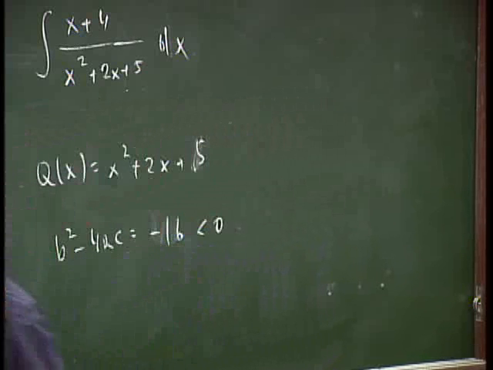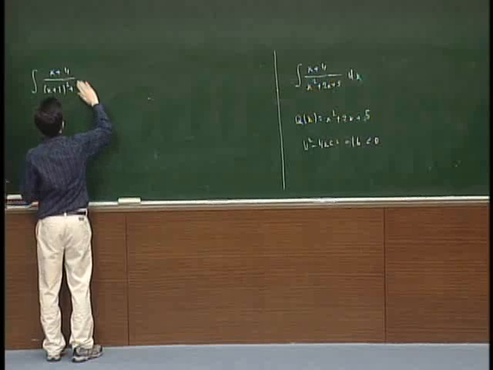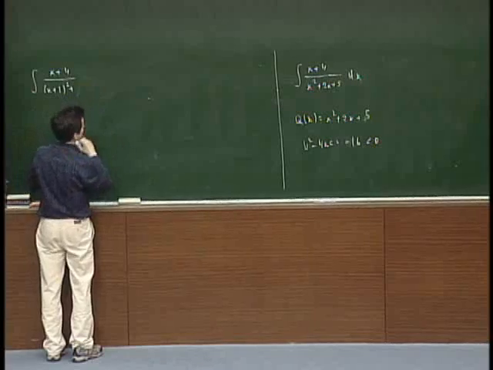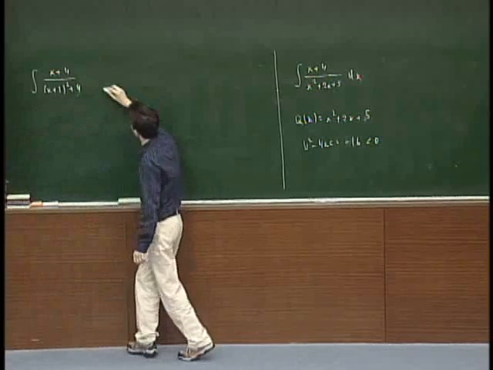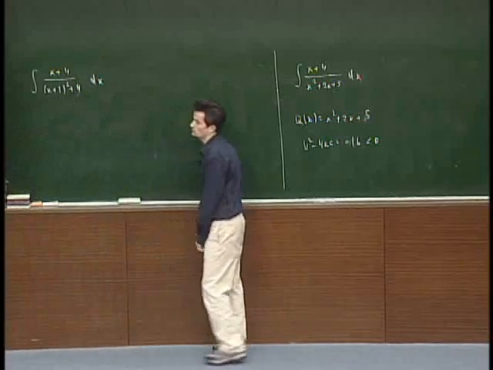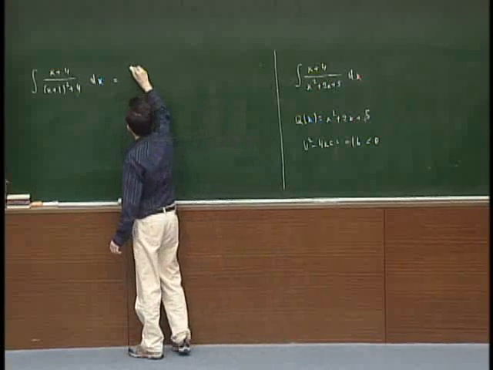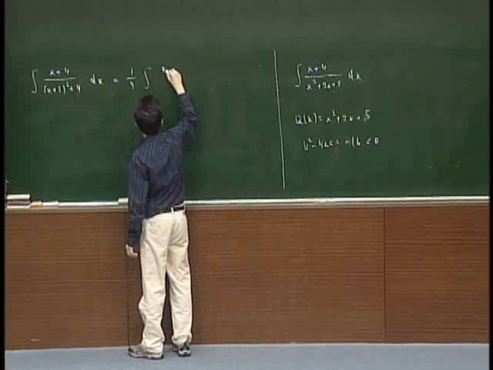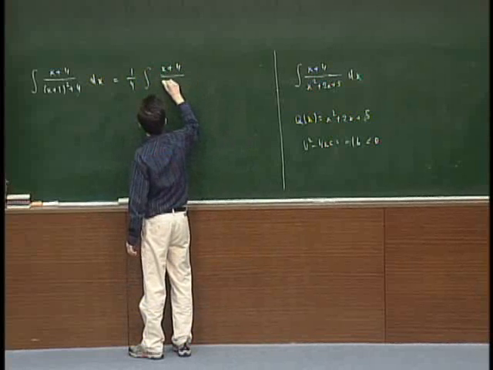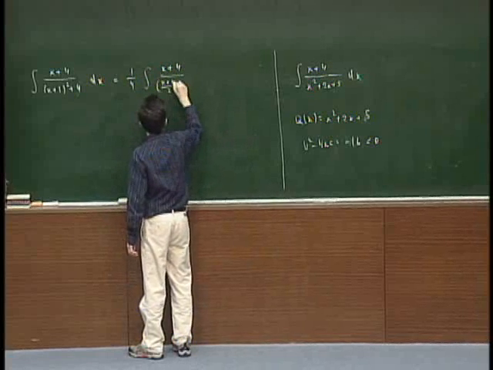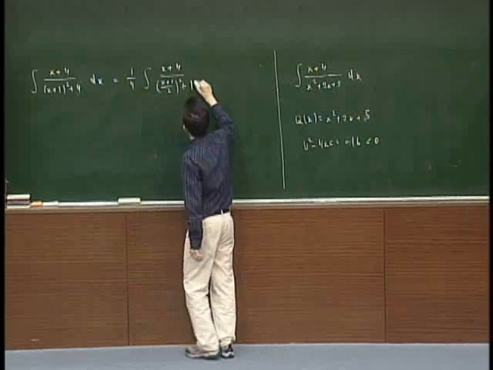So you have the integral over x plus 4, and now you complete the square, so you have (x plus 1/2) squared plus 1. Then you take out 1 over 4, so you have 1 over 4 times the integral of (x plus 4) over ((x plus 1/2) squared plus 1) dx.